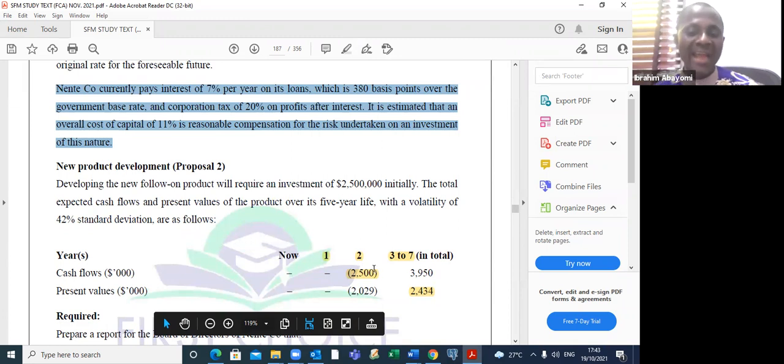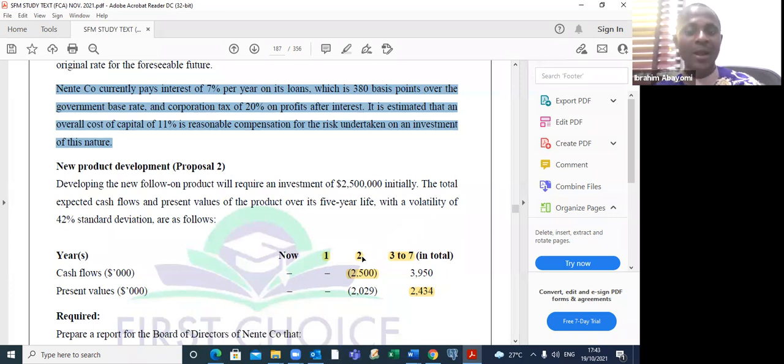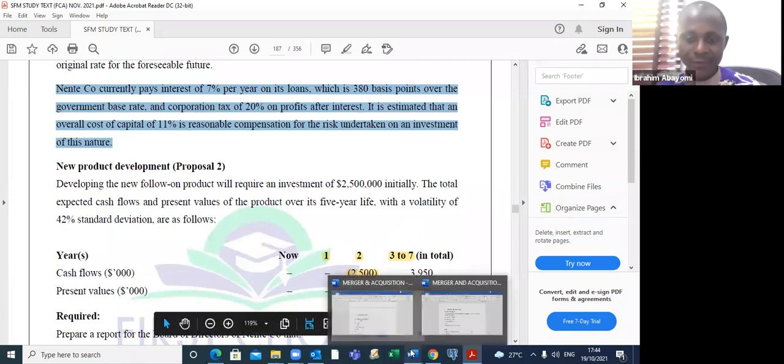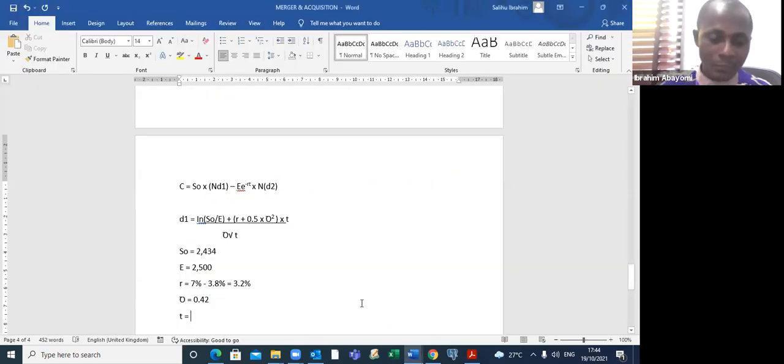At the end of year 2, you need to decide whether to do that project or not, because you only have the right to delay for 2 years. So our time to expiry is 2 years.